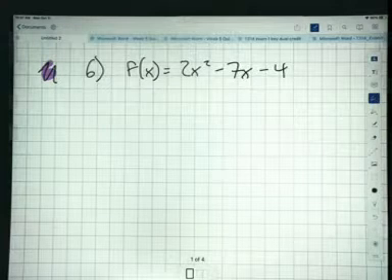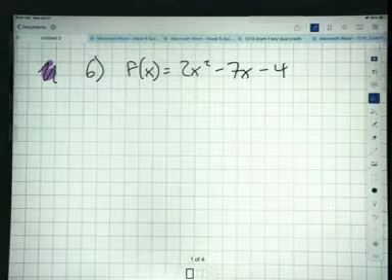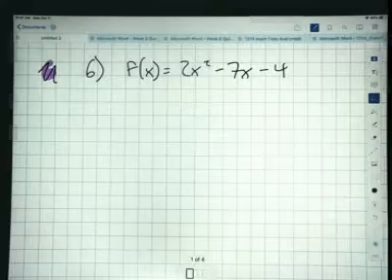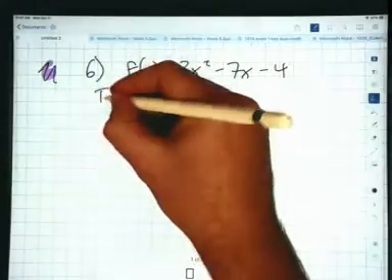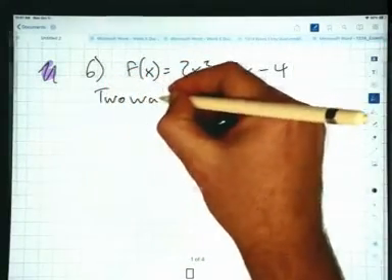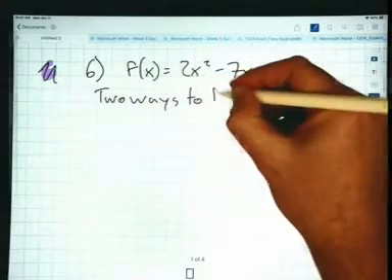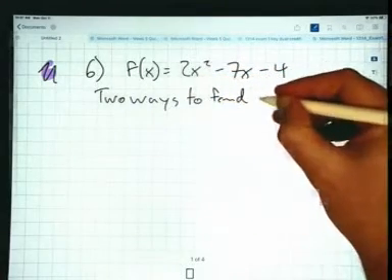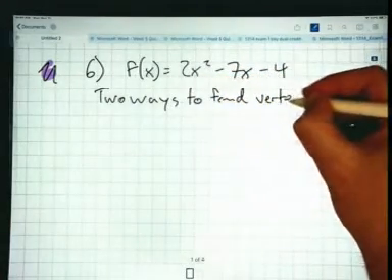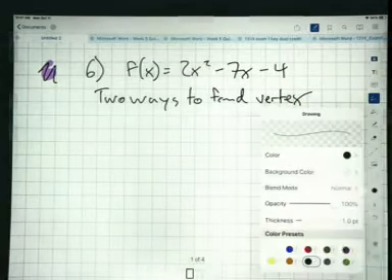And what I want to do is show you the two ways to find the vertex. Two ways to find the vertex.